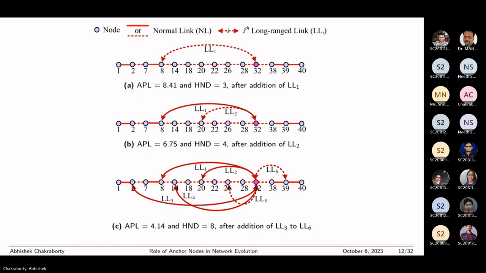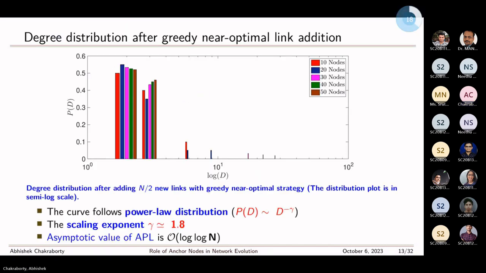So the following results we have seen: in the same experiment that we did previously, we added n by 2 long links for each of the cases. For 50 nodes, we added 25 long links, and it shows a power law distribution.